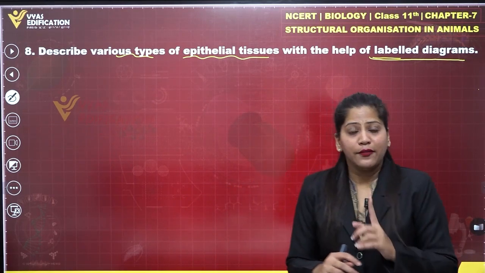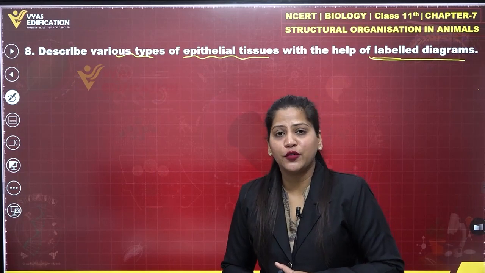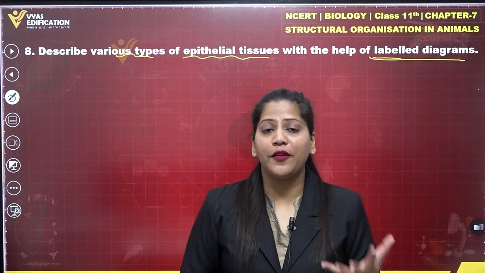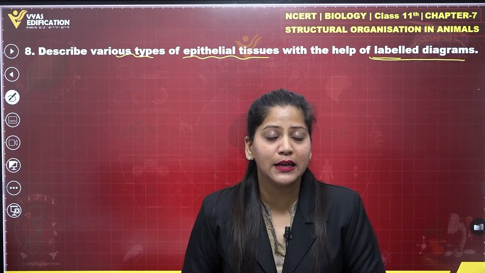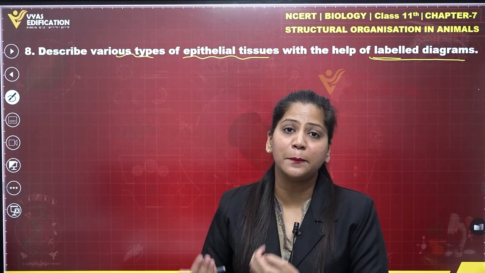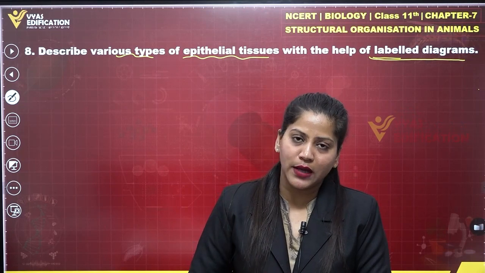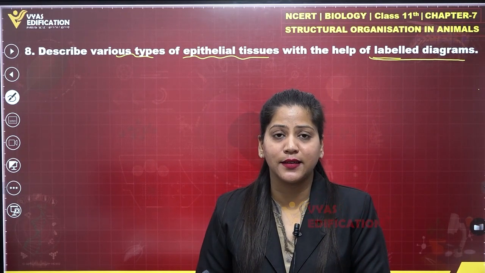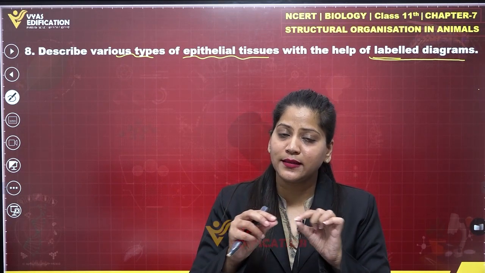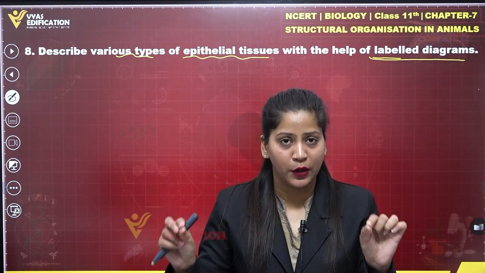Now, as we have to describe all the various types of epithelial tissues, if we talk about the first one, the simple epithelial tissue or simple epithelium, as we know it is made up of only a single layer of cells, right.